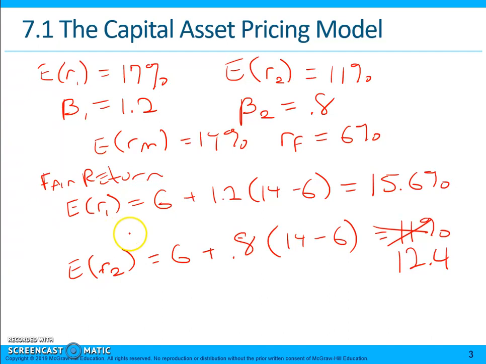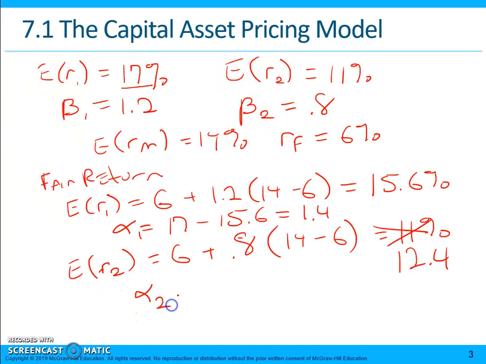So alpha for 1 is going to be the expected return minus the fair return. So 17 minus 15.6 gives us an alpha of 1.4. So that's alpha 1.